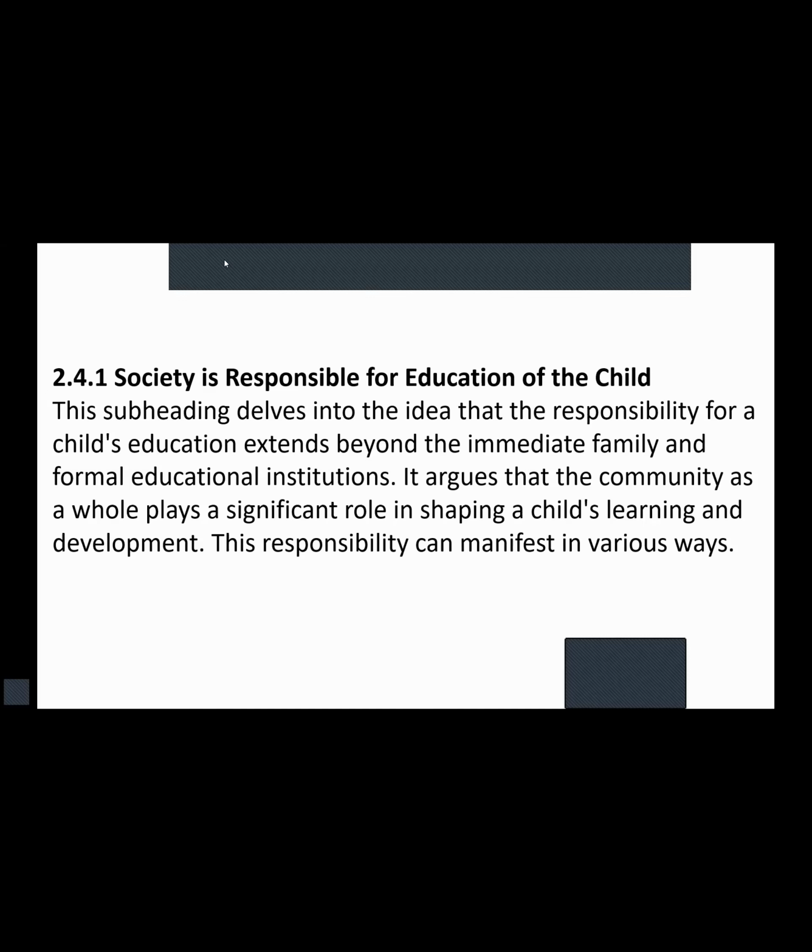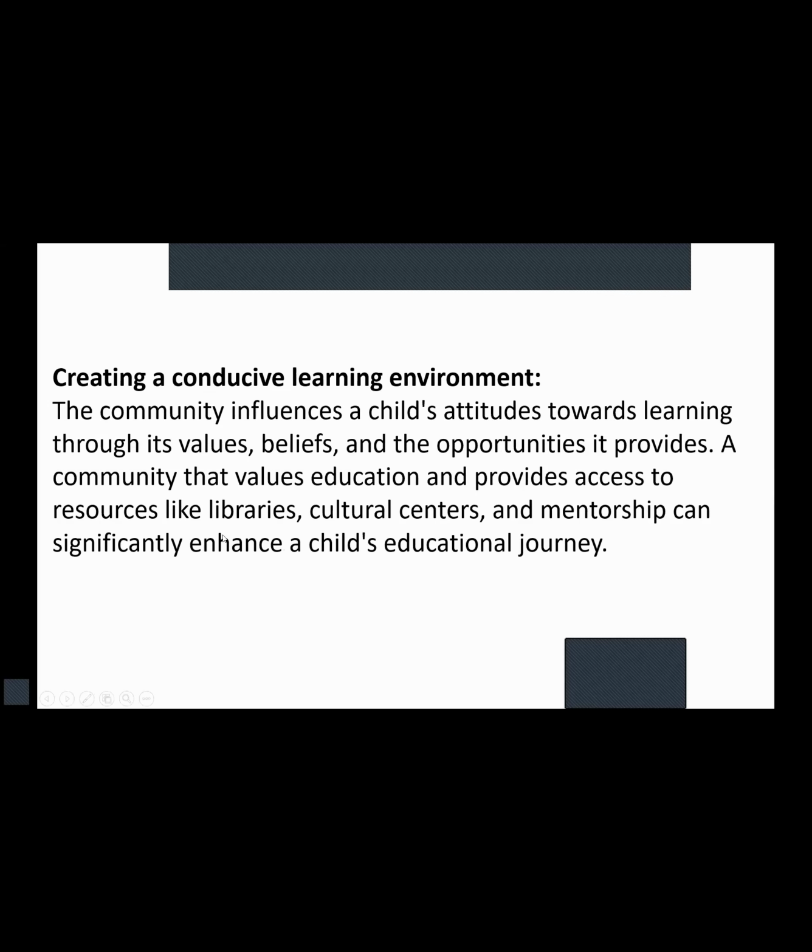So this argues that the community as a whole plays a significant role in shaping a child's learning and development. Not only the family and the school educational institution, even the community, the society is having a responsibility towards children's education. Okay, this responsibility can be seen in different ways. Okay, we'll see.